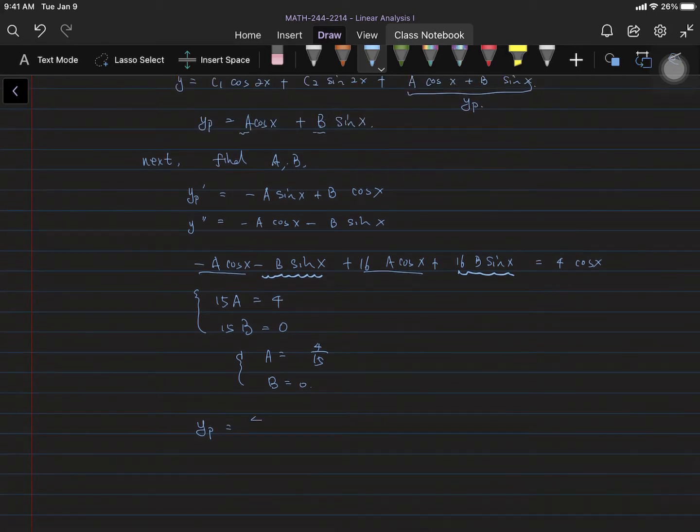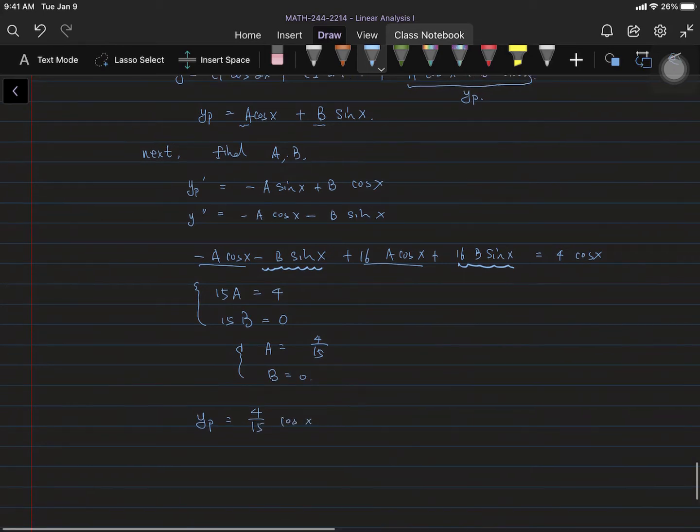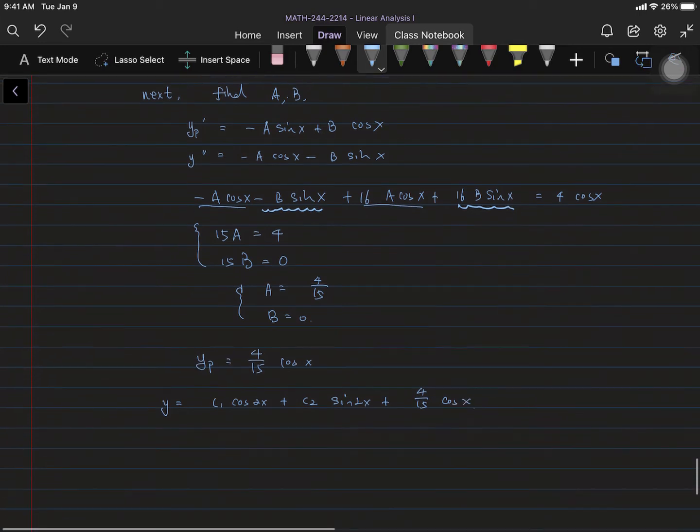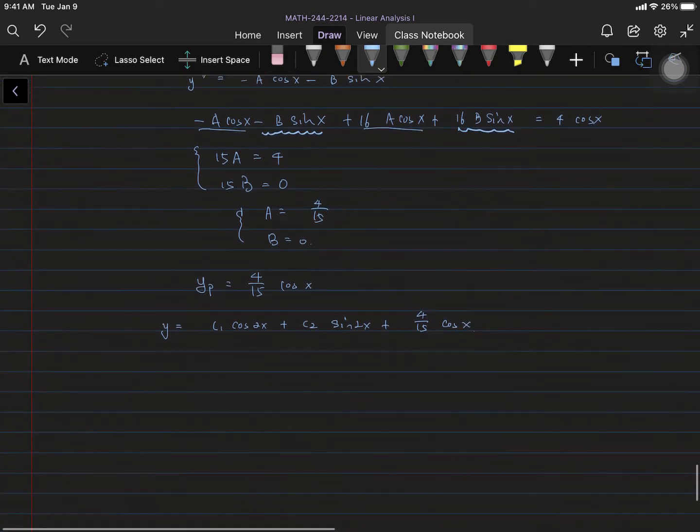A cosine x, and then plus 0 because B is 0. So the general solution should be C1 cosine 2x, C2 sine 2x, and plus YP, which is 4 over 15 cosine x. Okay, this is how we solve the differential equation.